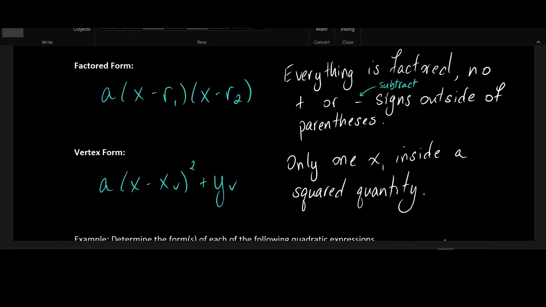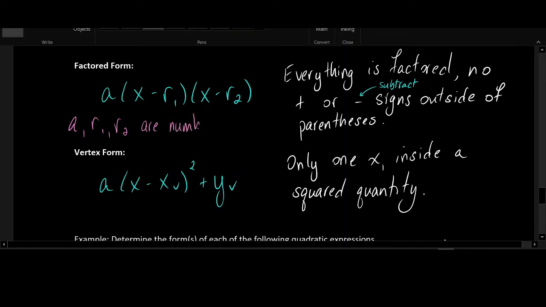And let me make a note that in these two expressions, I'm using a and r1 and r2 to represent numbers. And here in vertex form, a, xv, and yv are numbers.